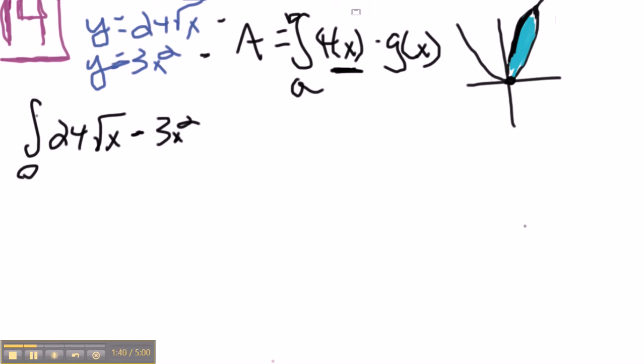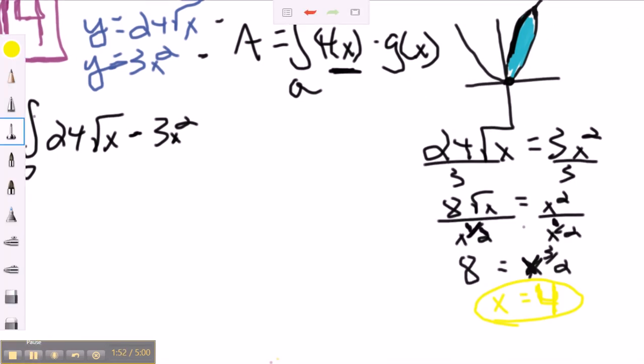We can find that by setting them equal to each other. So 24 square root of x equals 3x squared. I'm going to do that calculation to save time real quick. Alright, so through calculating that, I found that x equals 4. So that's up here, and down here, our limit was x equals 0.